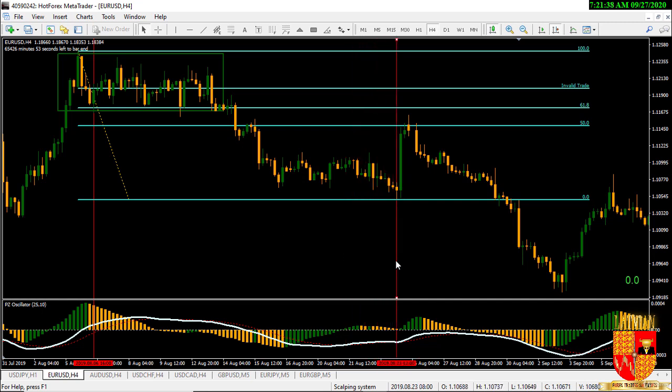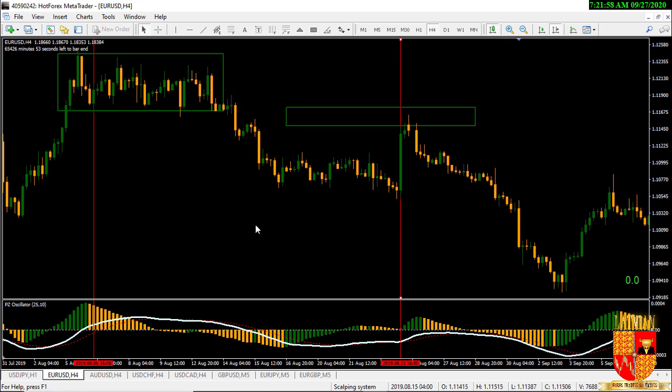And then we had price shooting up, and after shooting up, you'd have had your switch zone drawn already, okay, and then your Fibonacci would have been deleted, okay.